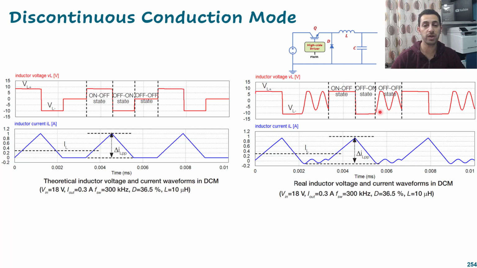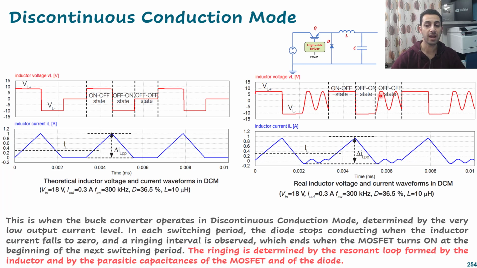But when we have the zero state, some oscillation will appear, and that oscillation is determined by the resonant loop formed by the inductor and the parasitic capacitors of the MOSFET and of the diode. So we have some parasitic capacitance in the circuit here, and the diode also has some parasitic capacitance, besides the parasitic capacitance of the PCB itself.